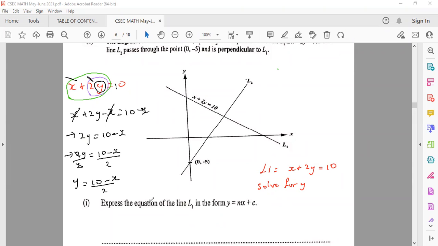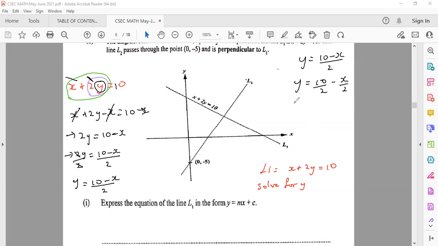Now, this is not immediately in the form y equal to mx plus c. So let's split it up. Since we have multiple numerators and one denominator, we can split it up: 10 over 2 minus x over 2.